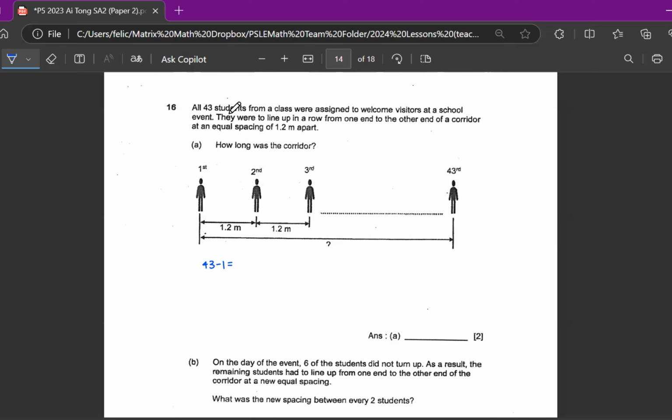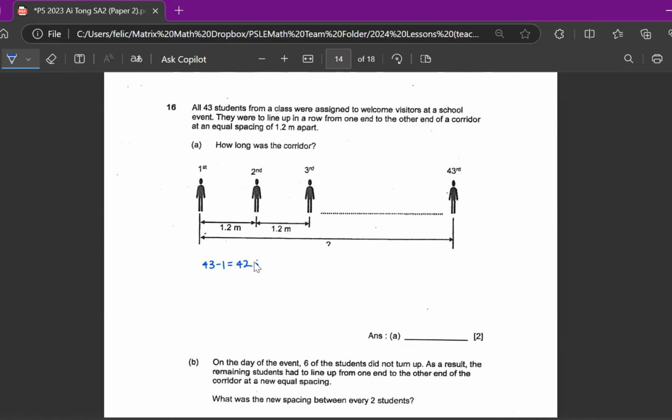If you don't know why, just think of your fingers. You stick out three fingers, you notice that your three fingers create two intervals. Interval is the gap, the spaces. So three fingers create two spaces in between. Four fingers create three spaces. So the number of fingers is always one more than the gaps. It's the same here. 43 students should create 42 gaps in between them. So this is 42 intervals.